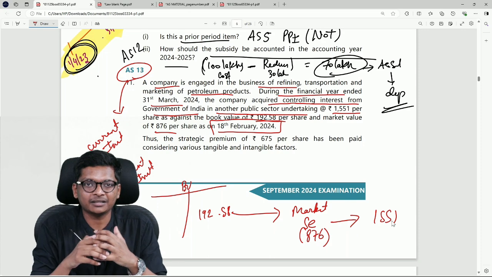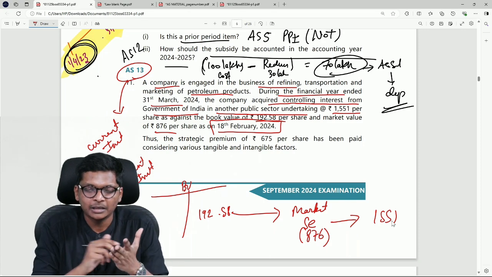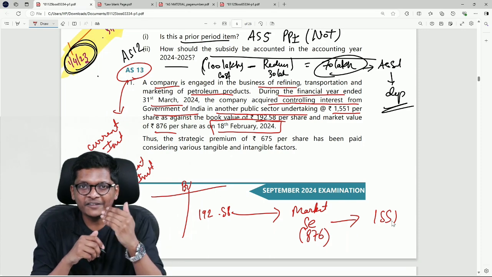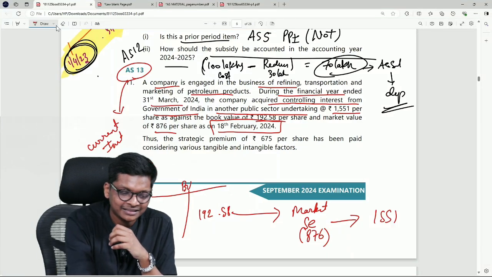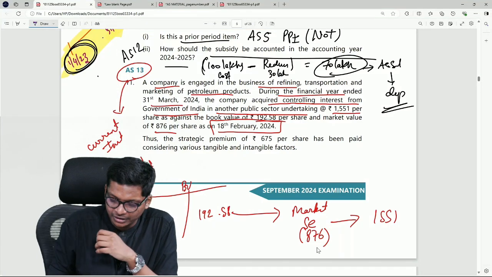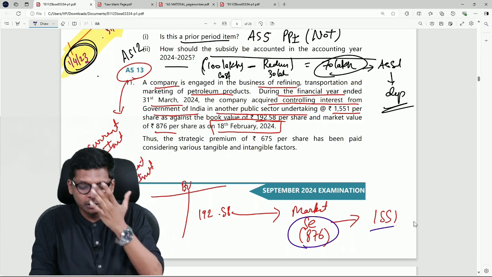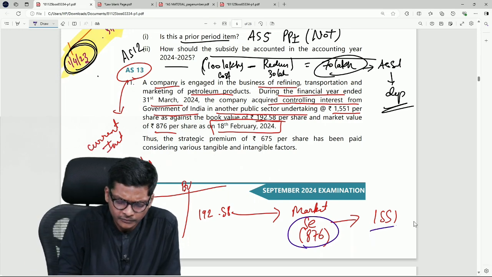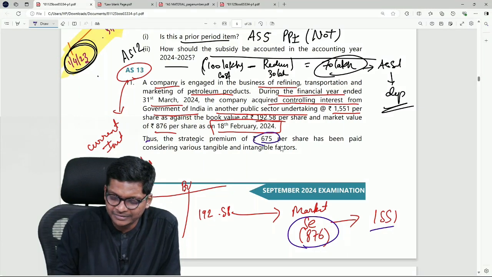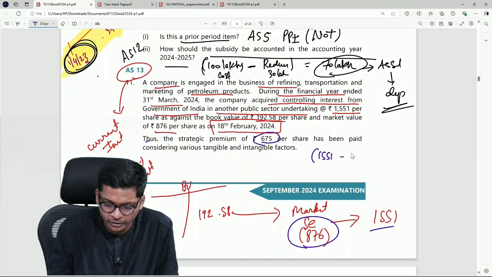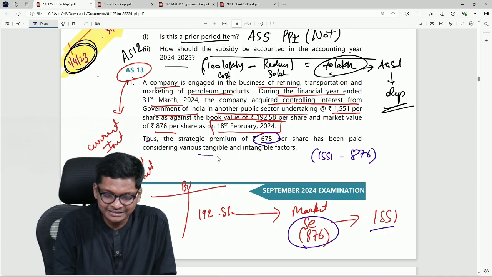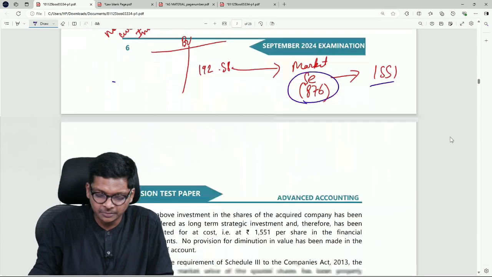Dhoni's cricket bat in the shop is 10,000 rupees, but because Dhoni signed, you will buy for 1 lakh. Like that, this company's market price is only 876, but you paid 1551 to buy it at a premium. Thus, strategic premium 675, which is 1551 minus 876, considering various tangible and intangible benefits.